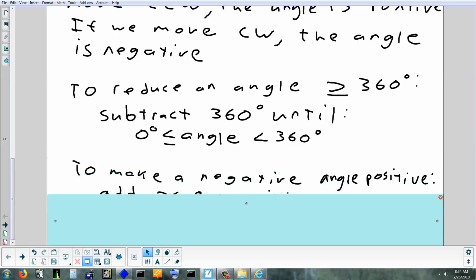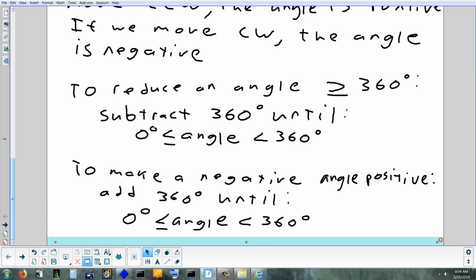So if you can subtract 360 to make an angle smaller, what do you think you have to do to make an angle bigger? Add 360. Adding and subtracting 360 is all that you can do, because 360 brings you around one full circle and brings you right back to where you started. If you add or subtract any number other than 360, you're going to get it wrong.